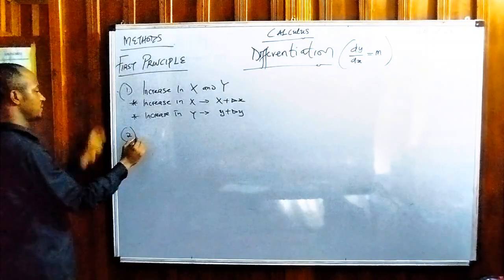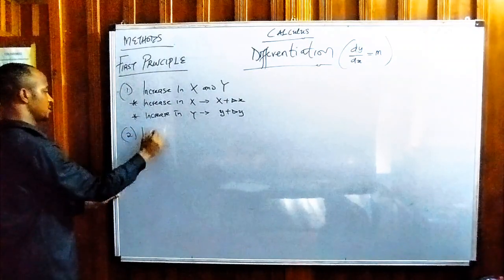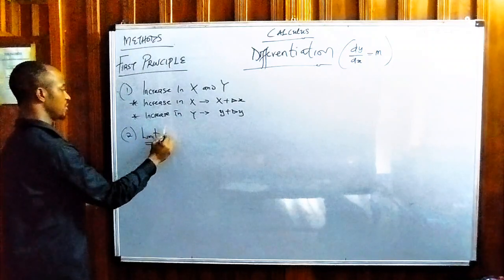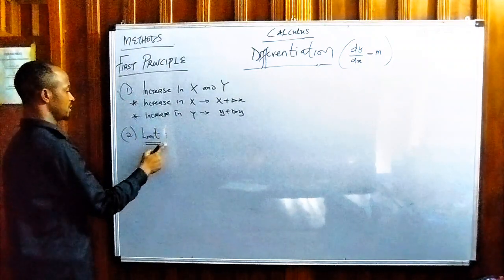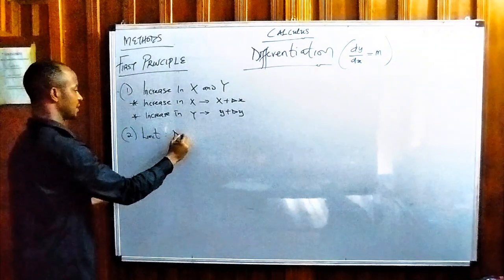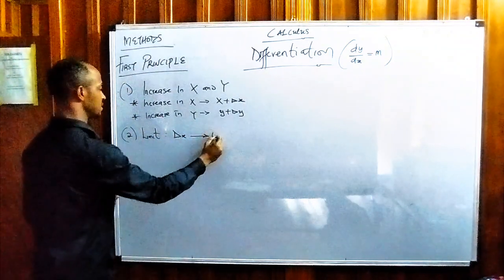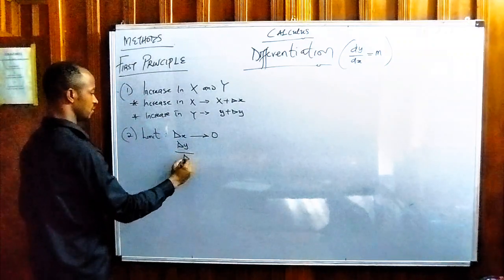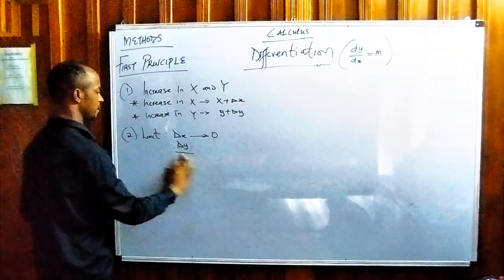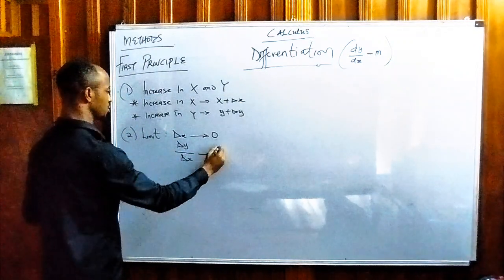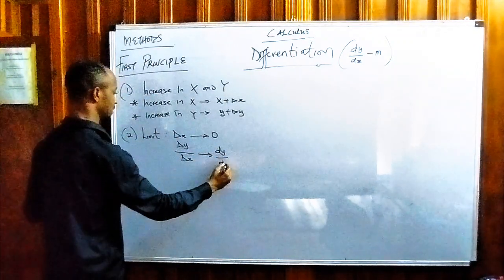The second thing to take note of is taking your limits. The limit of a function, for first principle, is that when delta x is approaching 0, delta y over delta x will approach dy/dx.